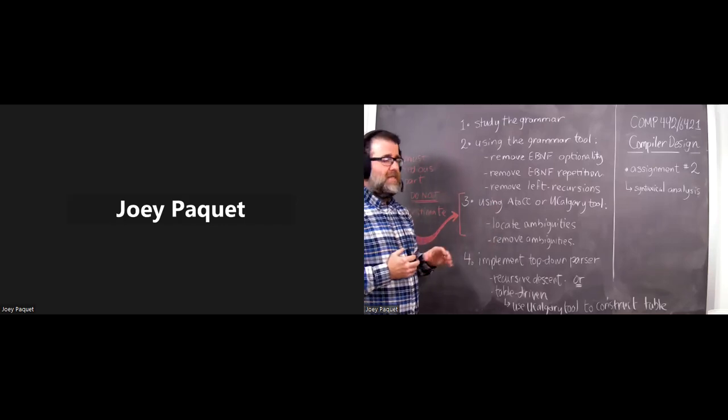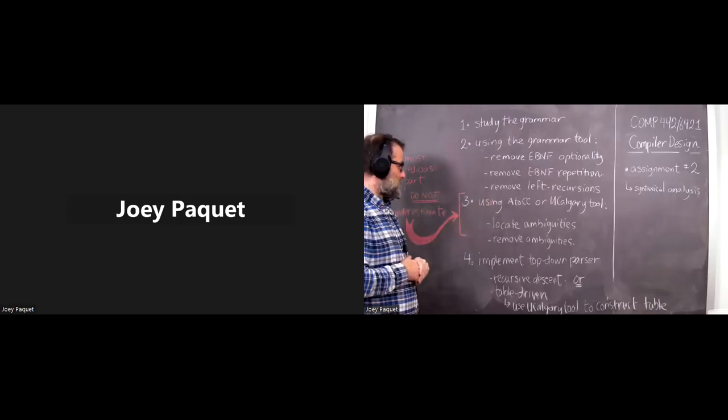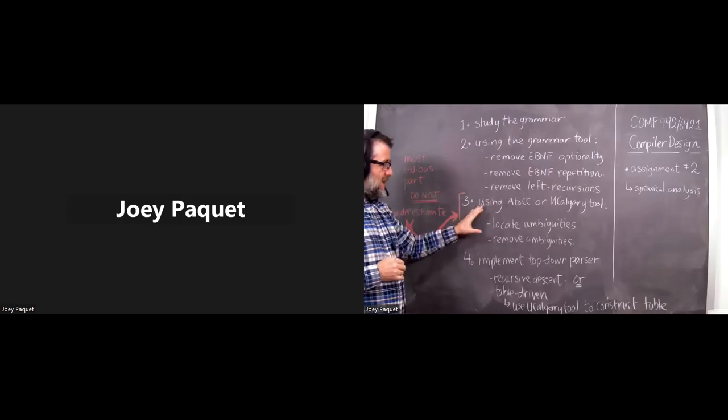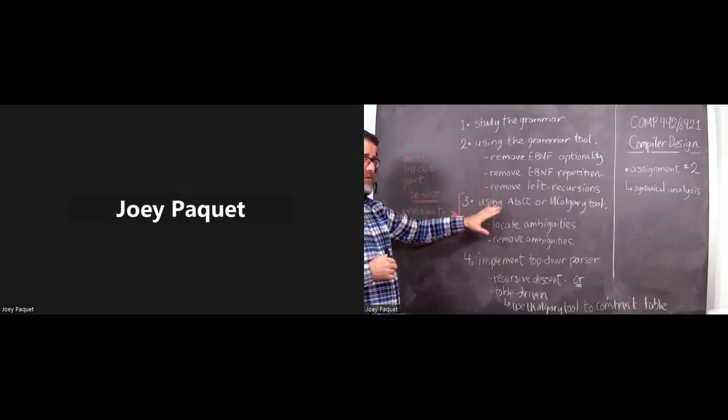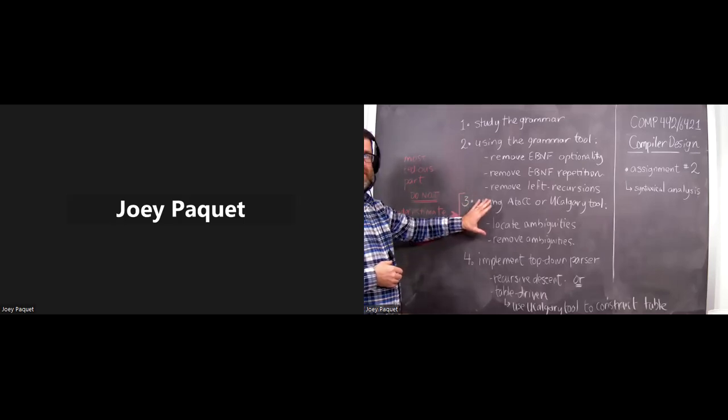So please don't underestimate the time and level of difficulty of this part number 3. In fact, after you have successfully transformed the grammar, implementing the parser is not that difficult nor very long. So the most difficult part of the entire assignment is actually this part here.